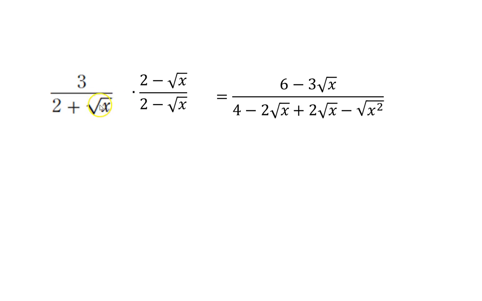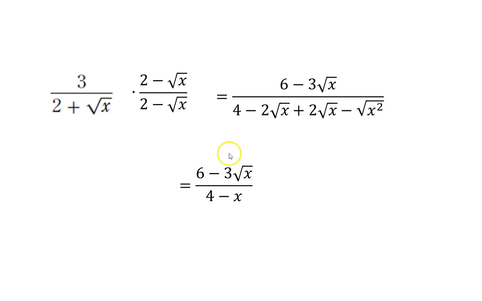Then we have positive square root of x times positive 2, which is positive 2 times the square root of x. And then positive square root of x times negative square root of x is negative square root of x squared. So now we have these two terms here, negative 2 square root of x plus 2 square root of x, those cancel out. And then the square root of x squared is just x.